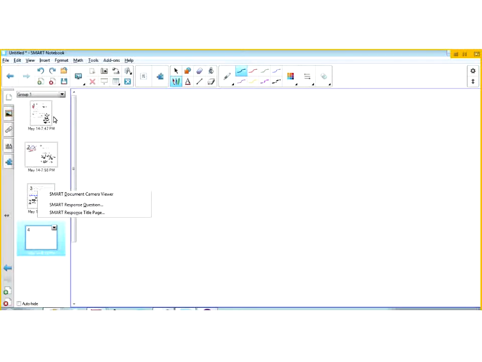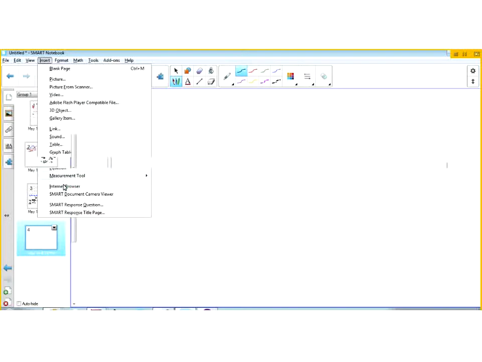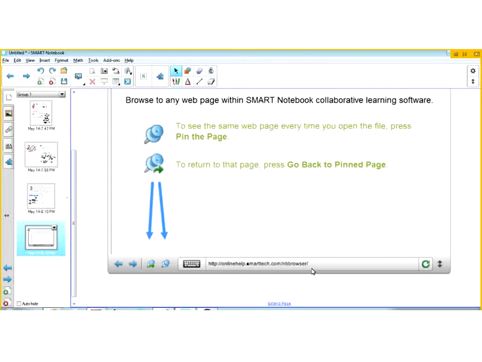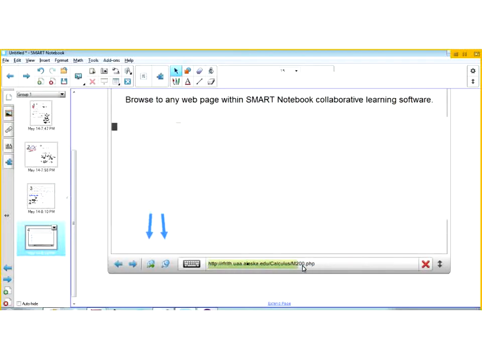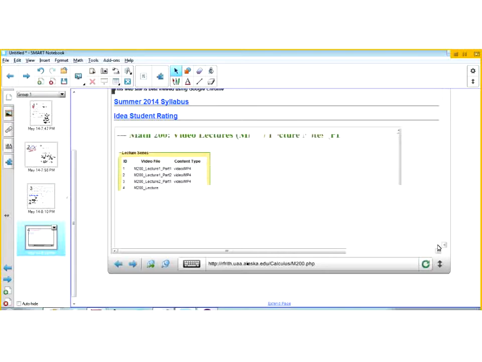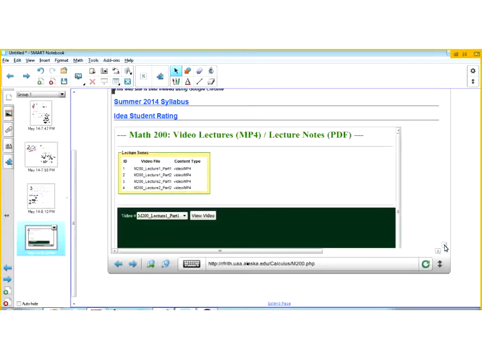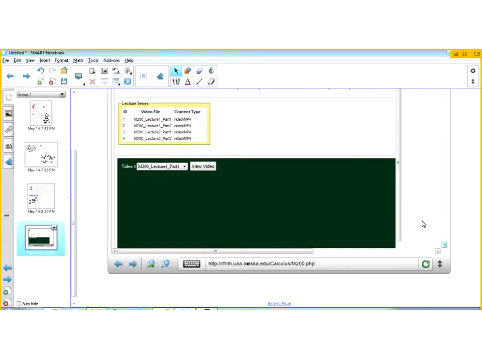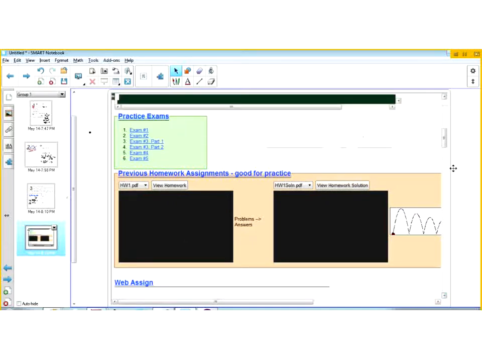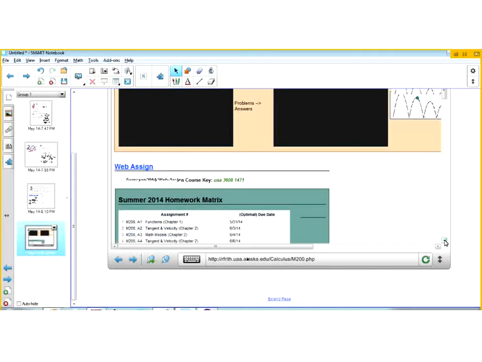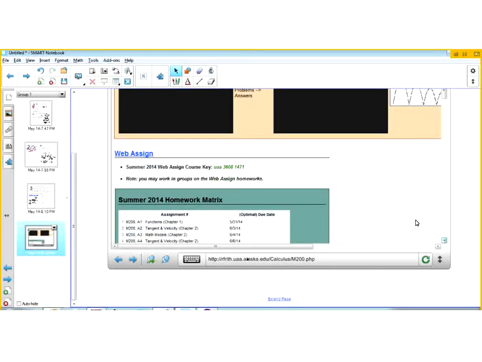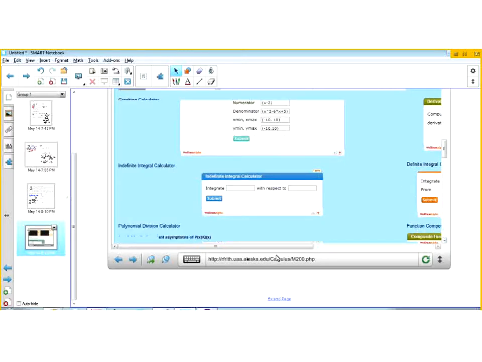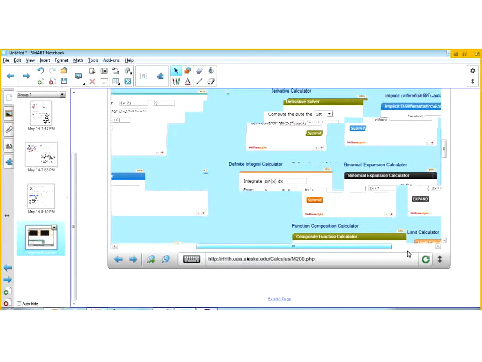So let's pull up another page. I'm trying to find the limit calculator.